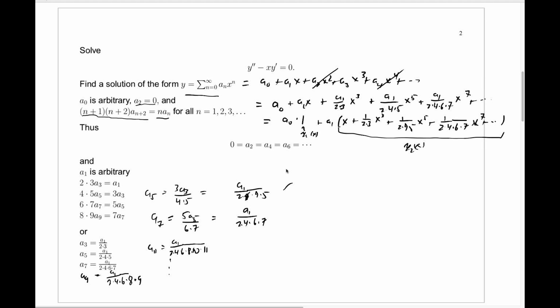Well, y1 of x is pretty simple. But basically what I've done here is said, I've found a general solution for this differential equation, y double prime minus xy prime equals 0. And I've written it as an arbitrary linear combination with coefficients a0 and a1. a0 times the constant function 1 plus a1 times this strange function y2 of x.